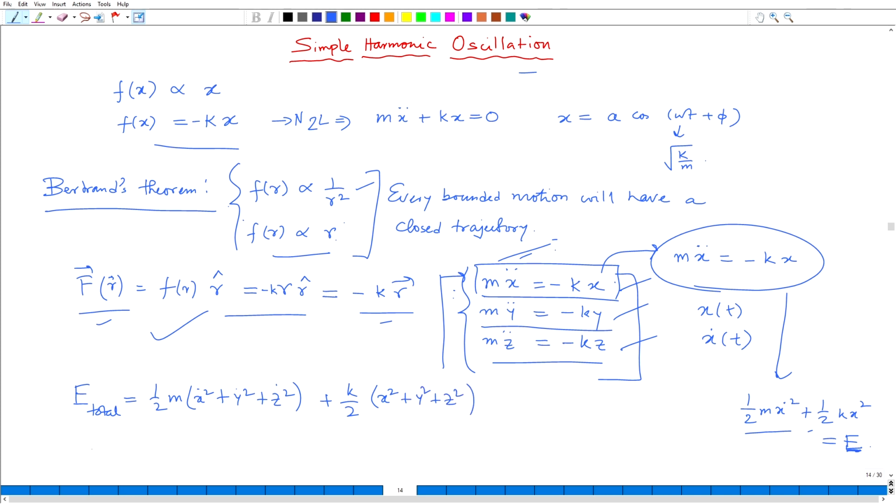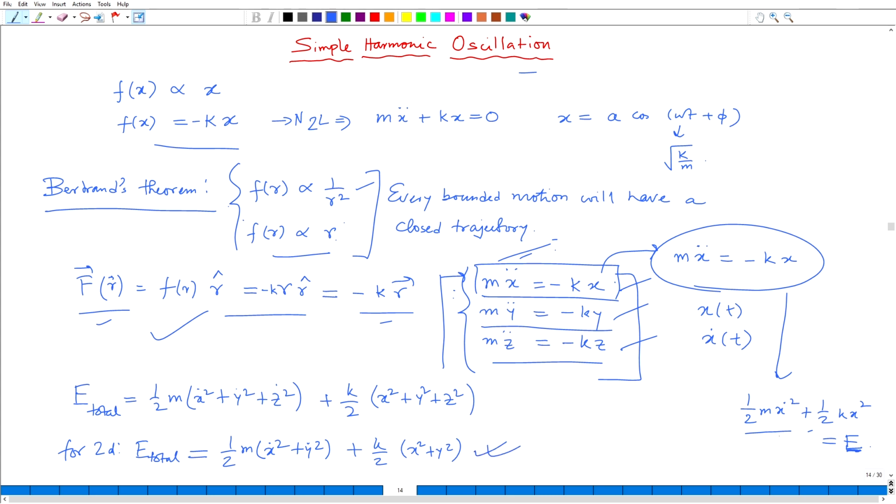Or for 2D, E total, if I think that this is a central force and the motion takes place in a plane, let us say the xy plane, then it is half m times x dot square plus y dot square plus k by 2 times x square plus y square, and this is the conserved quantity.